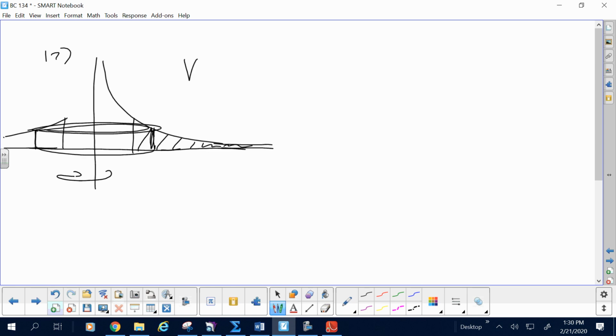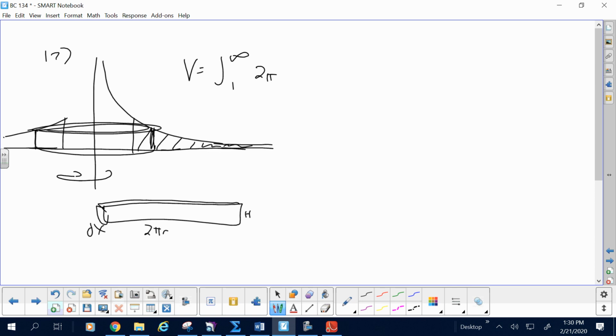looks something like that. Remember the idea is unwrapped rectangles where the thickness is the differential, in this case x, the bottom is the circumference, and the height is the height. So from 1 to infinity of 2 pi, what's your r? The function.